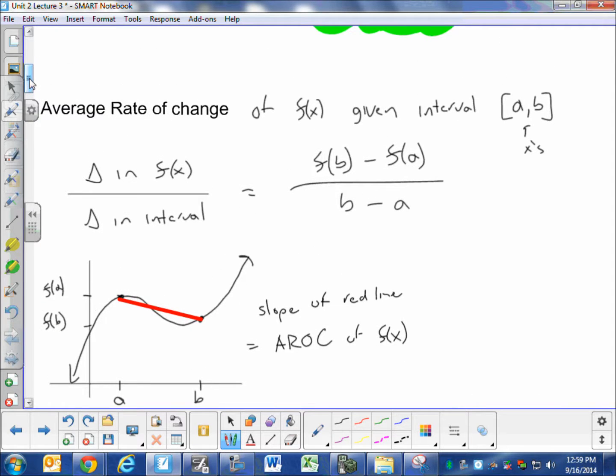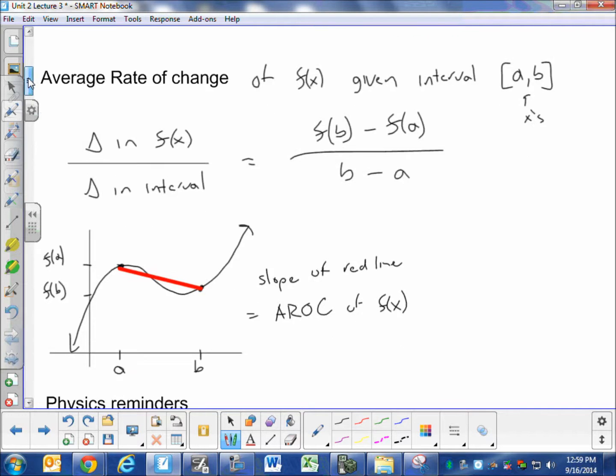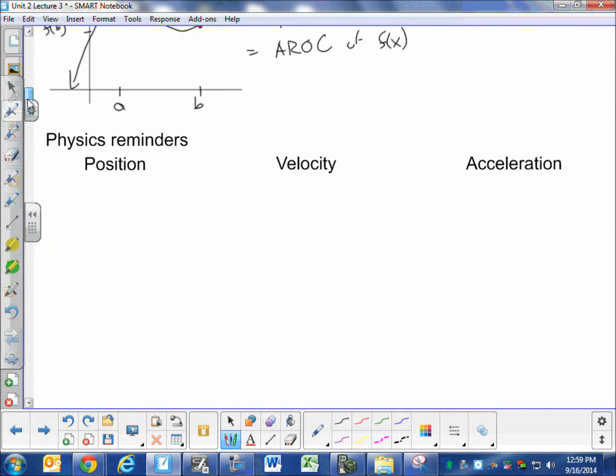Now, when we're talking about average rate of change of things, and we're talking about functions and changes of functions, it's a little bit easier to think of things in the real world. So we can talk about changes of actual things. And this is where calculus and physics go hand in hand.